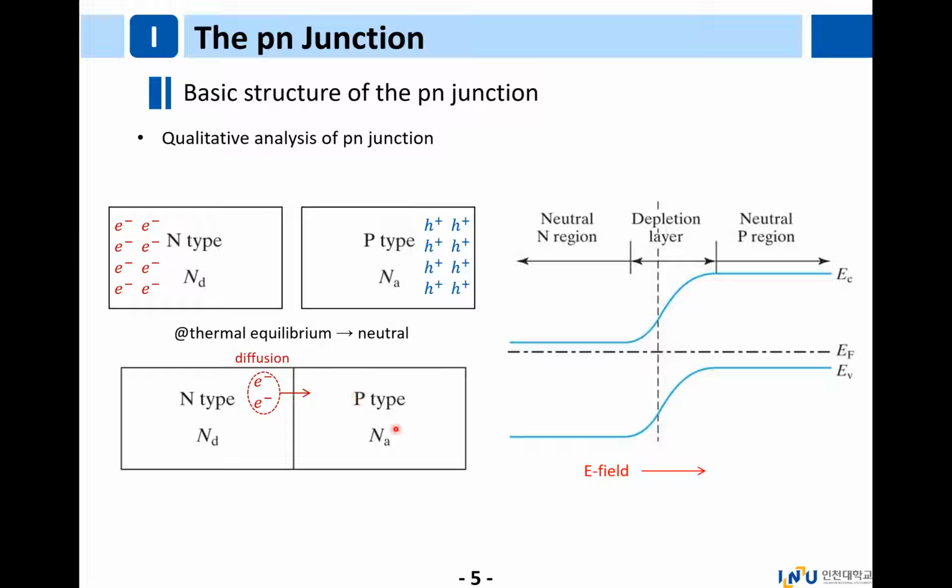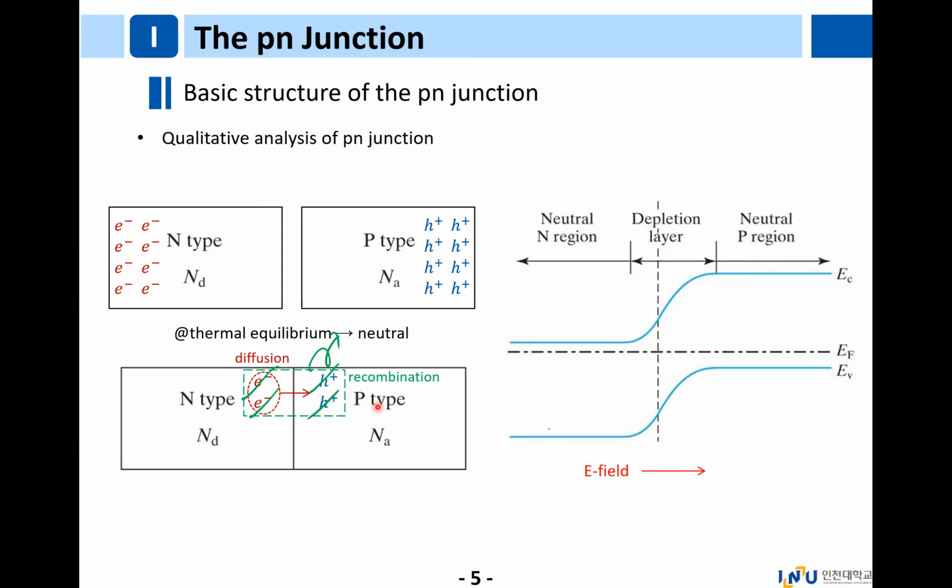However, since the right side is a p-type semiconductor with a high concentration of holes, as electrons diffuse over, they will recombine with holes and disappear. They disappear because of recombination.